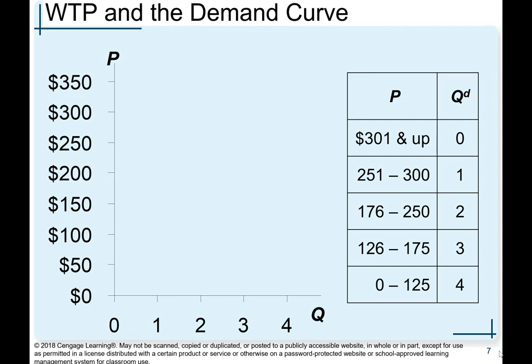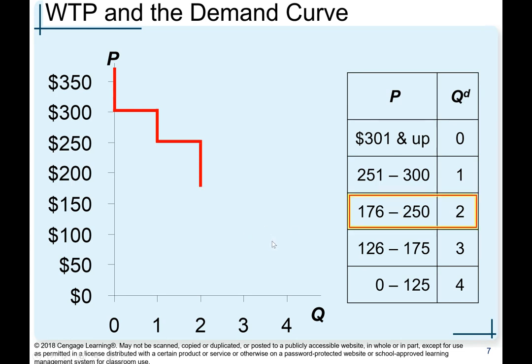So when we plot this demand schedule on a graph, it looks like a step. You can see the first step: one iPod will be demanded, and when the price goes down, the second iPod will be demanded. Between $176 and $250, 2 iPods will be sold.